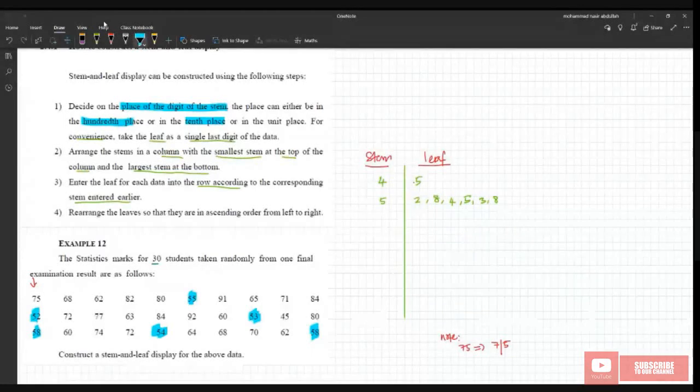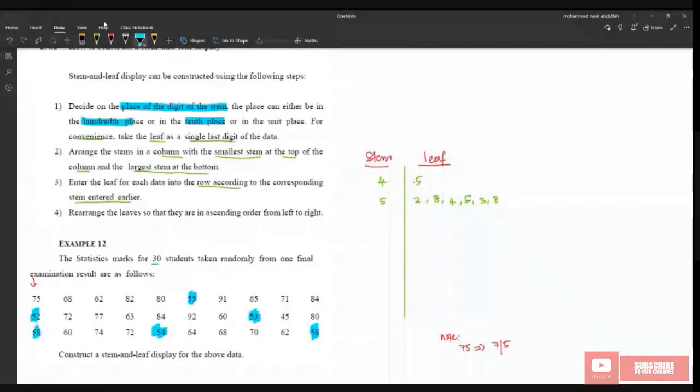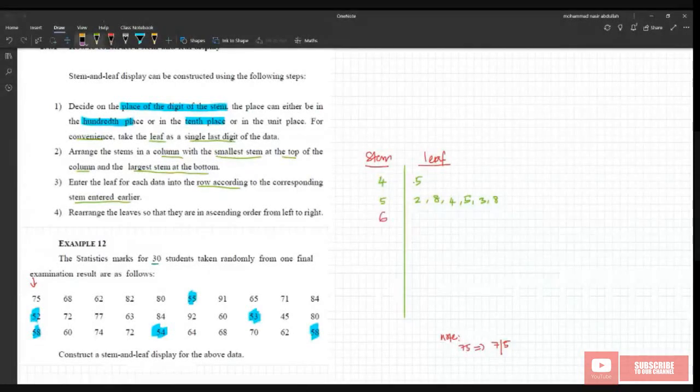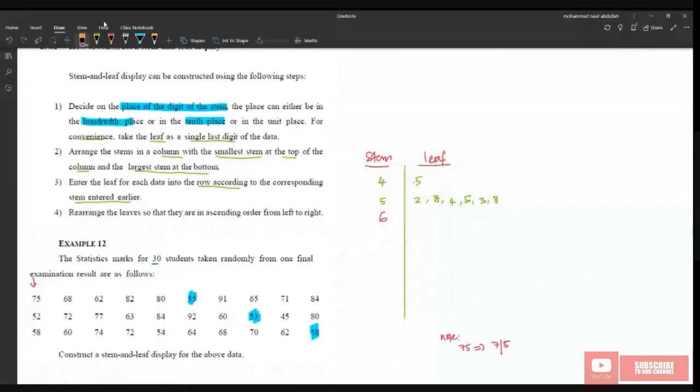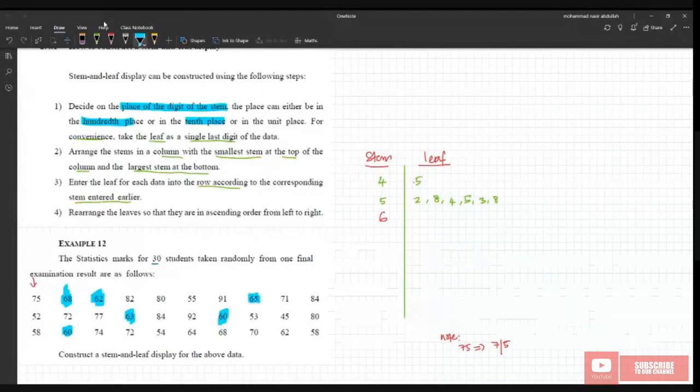Okay. Next we move to 60. Let me clear this one first. And 68, 60, 62, 63, 60, 65, 62, and that's all, right?